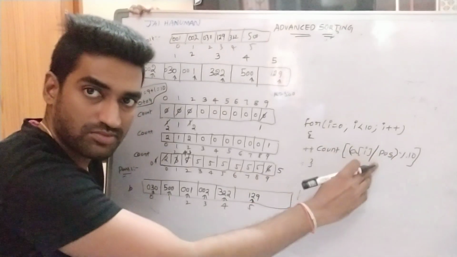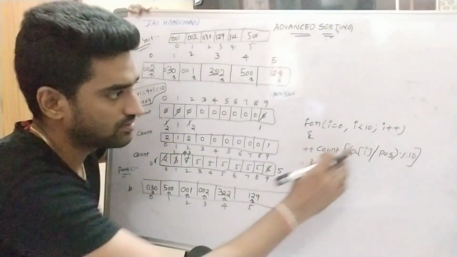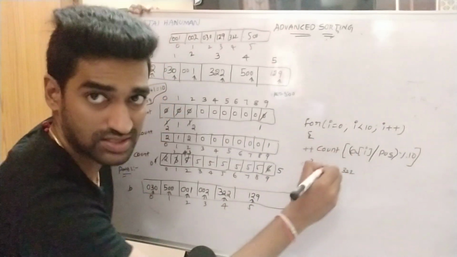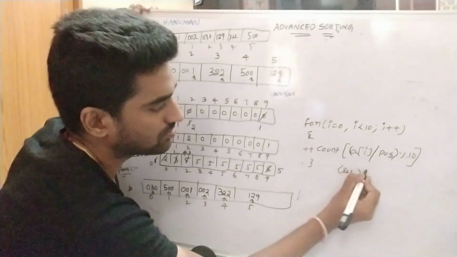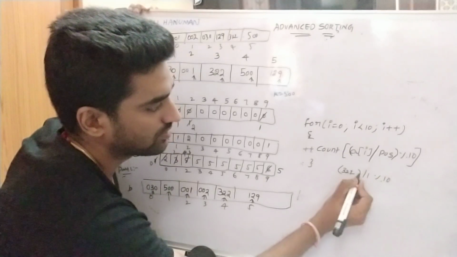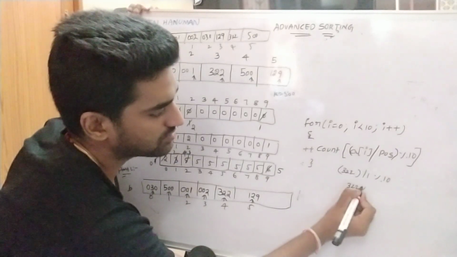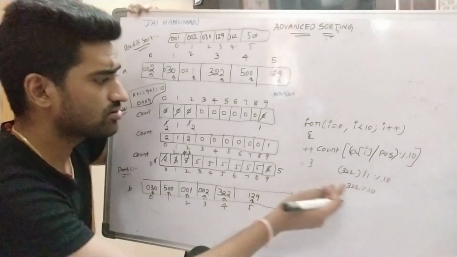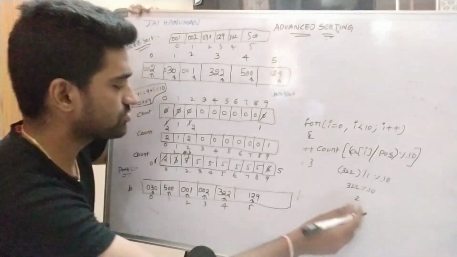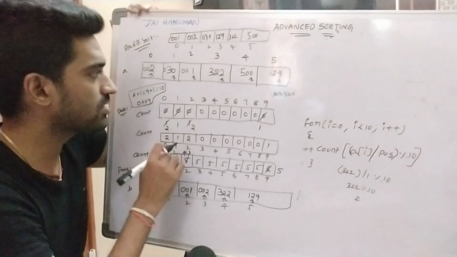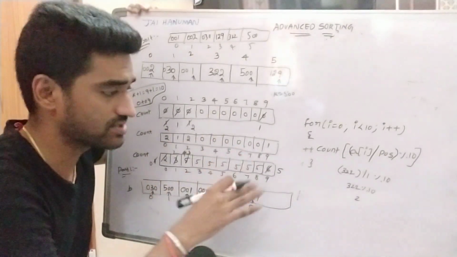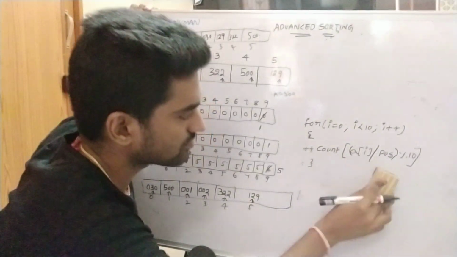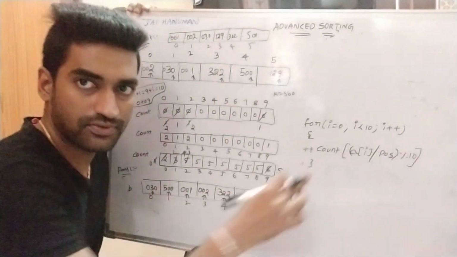For example, for 322 at the first position, 322 modulo 10 gives remainder 2, so go to index 2 and increment by 1. That is the general procedure for each and every element. This is the only difference.